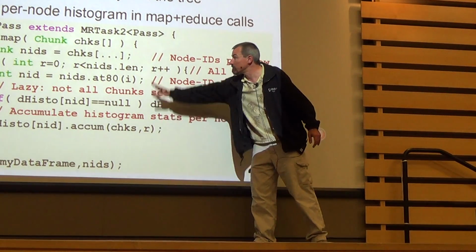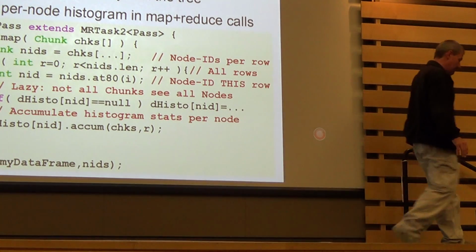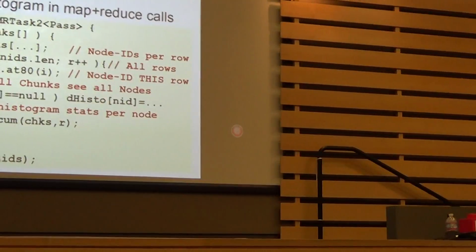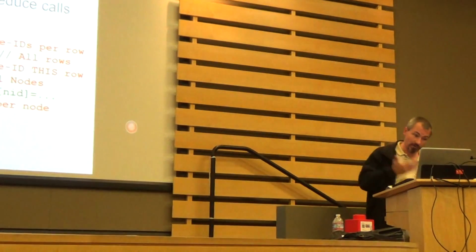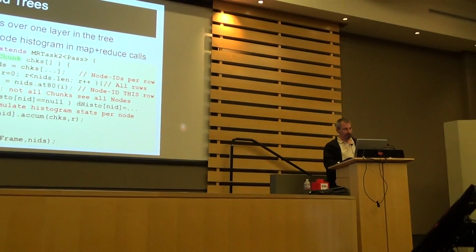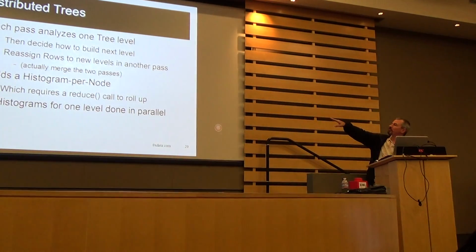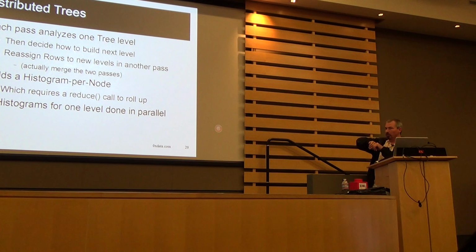This is done for the columns in question all the way through. So as I run through the data, I end up with a histogram for every leaf, which is the mean and variance, but I actually have a collection of one for every column, for every leaf, for every tree that's getting built.